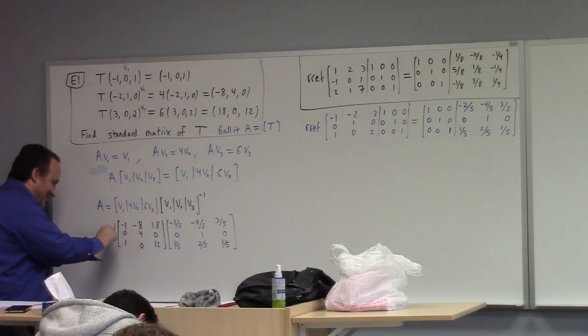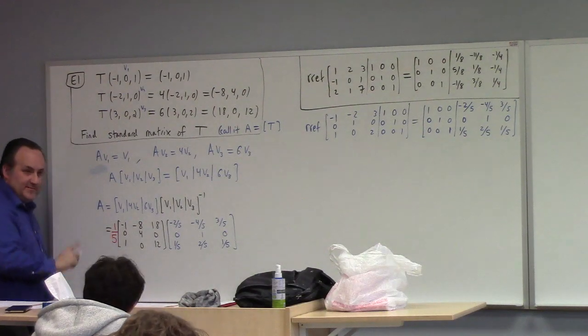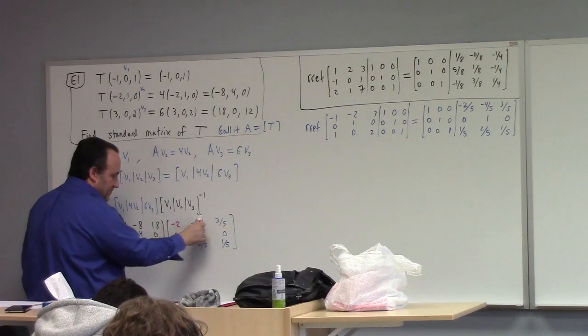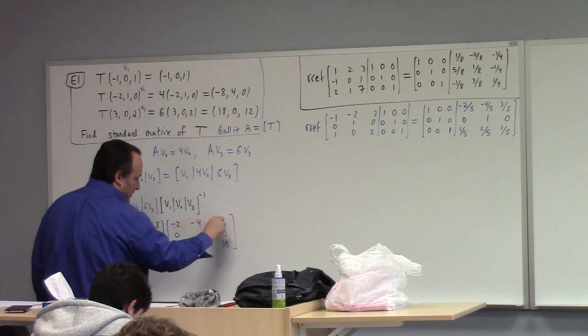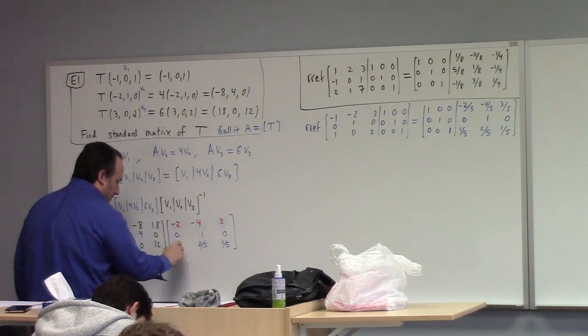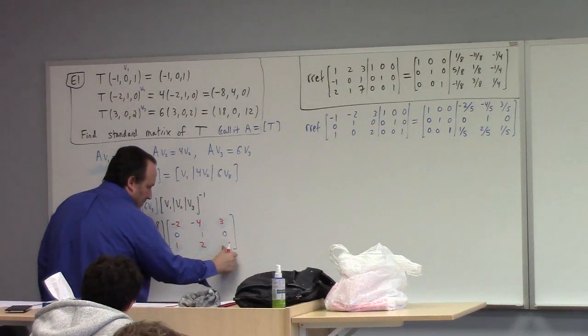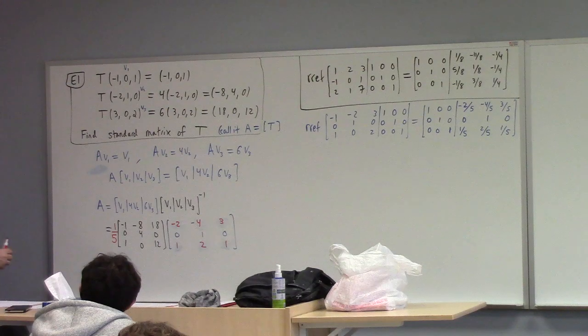Is it too early for life hacks? Pull the 1/5 out here like that. That makes this a minus 2, a minus 4, a 3, a 1, a 2, a 1, and be careful, what does the 1 have to become? A 5.